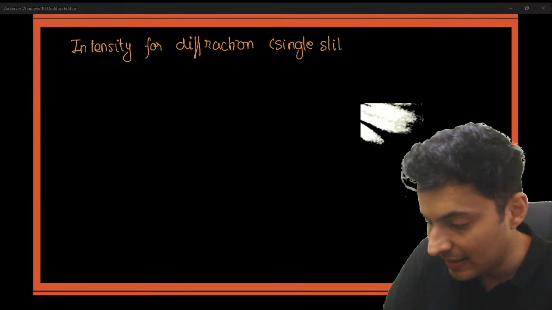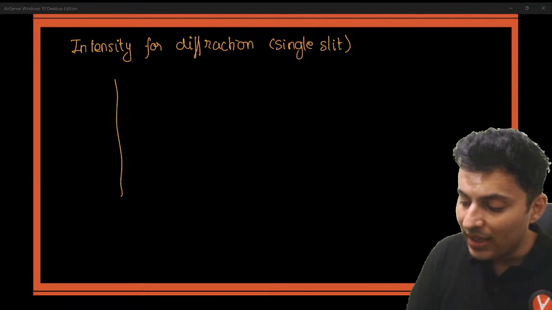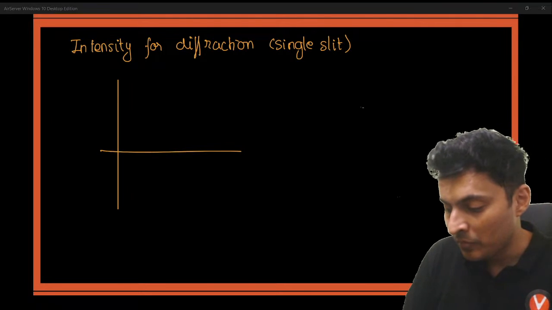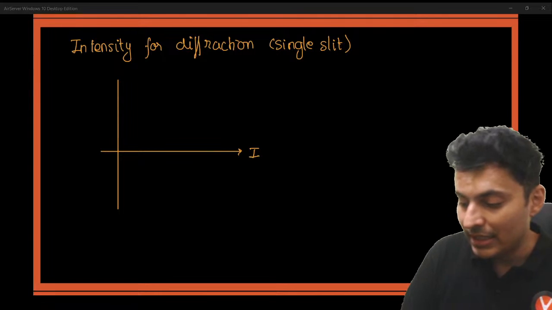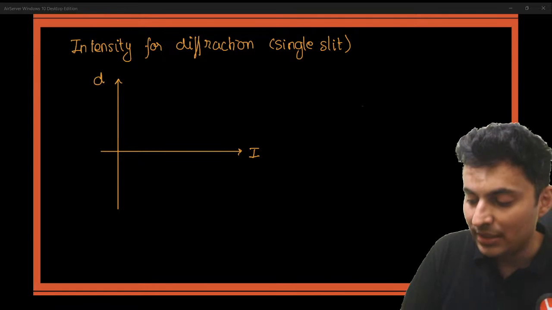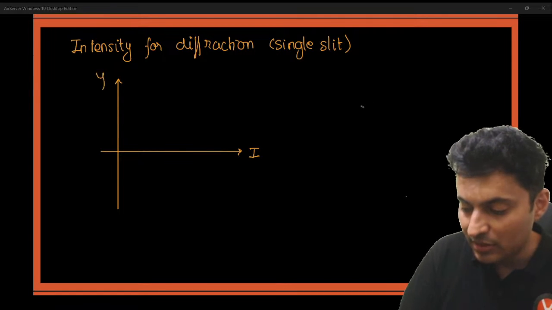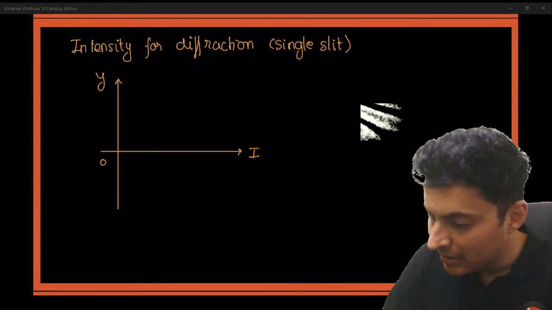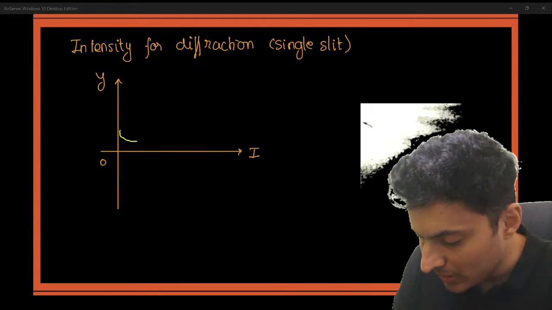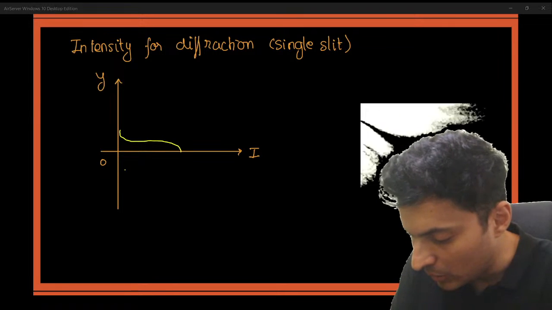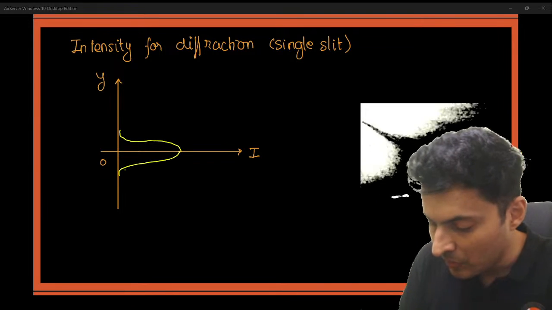So from a single slit diffraction pattern, how is that graph going to be different? If you draw the intensity graph with respect to the distance from the center on the screen, initially you will see some similarity, but later on you will start seeing the difference.